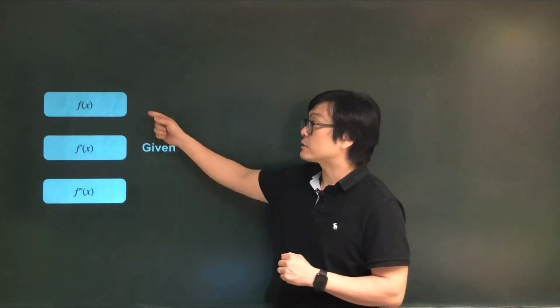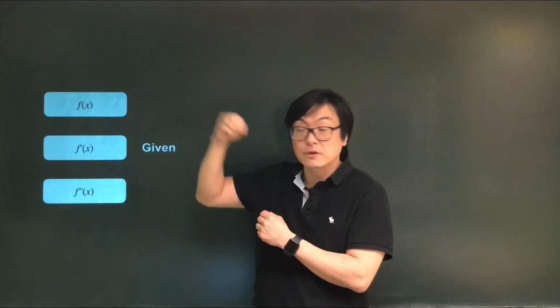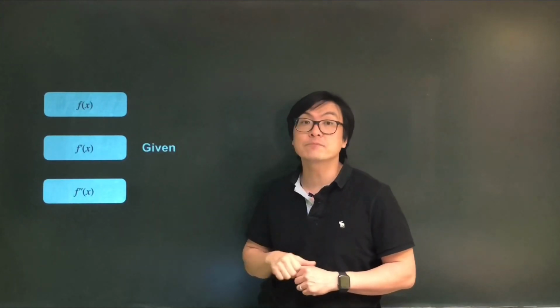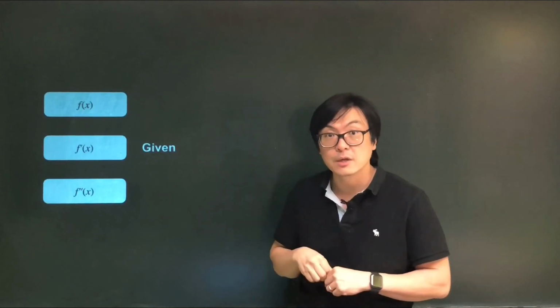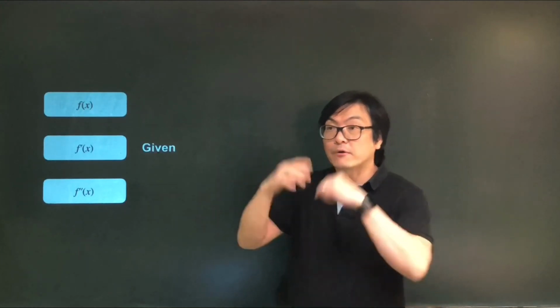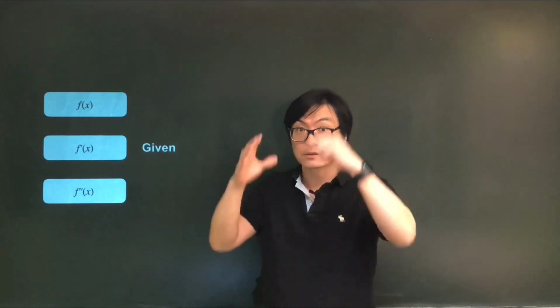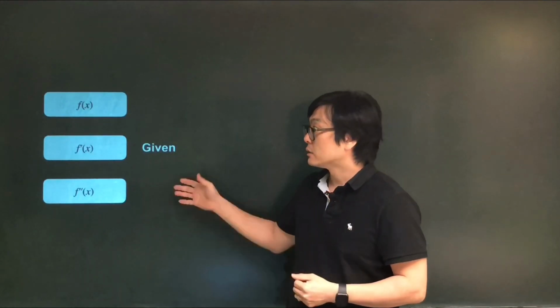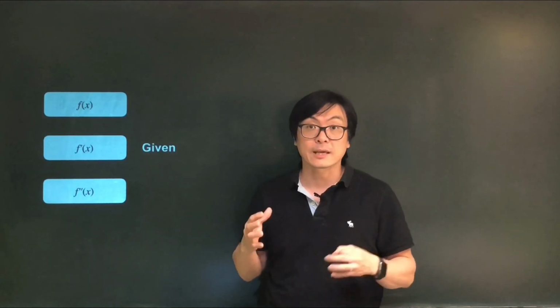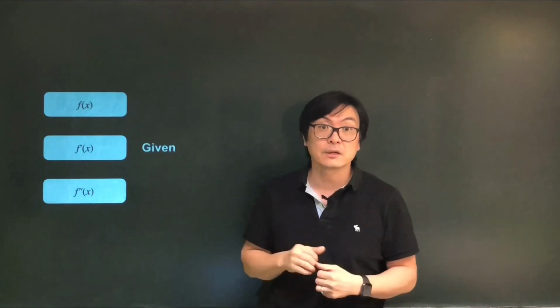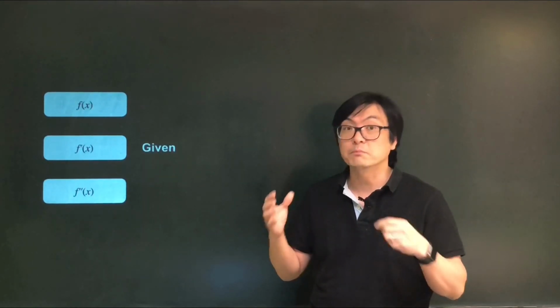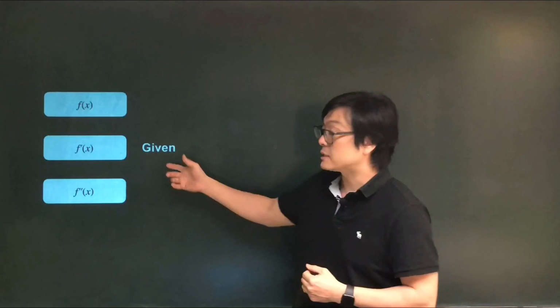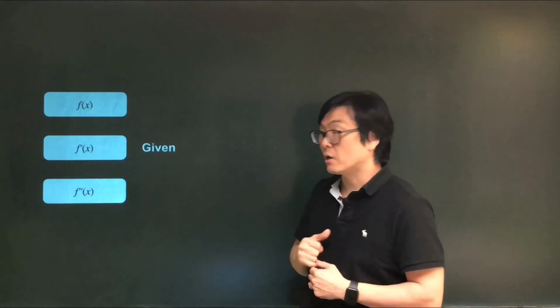Then, to find f of x, we need integration, and to find f double prime of x, we need differentiation. So we can have various questions in one set of questions. When you have a free response question like this year's, with multiple parts, this kind of thing will be on your exam.